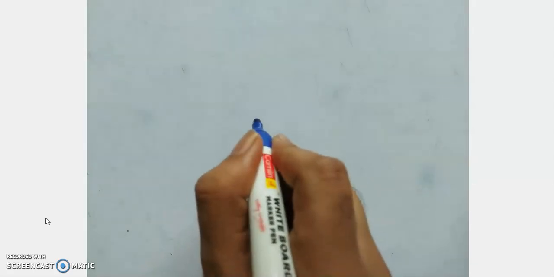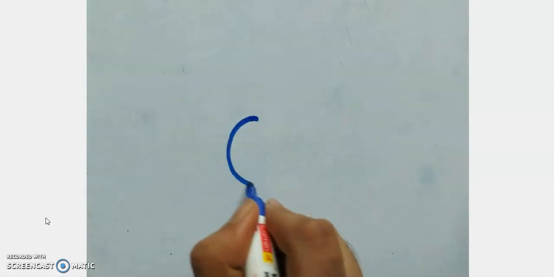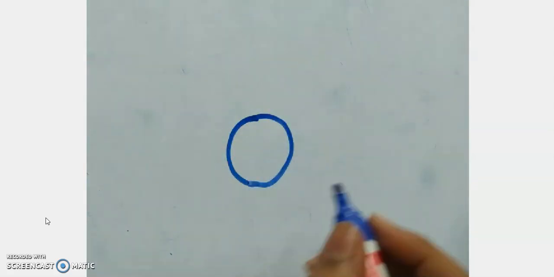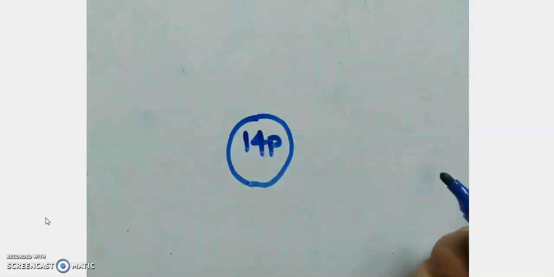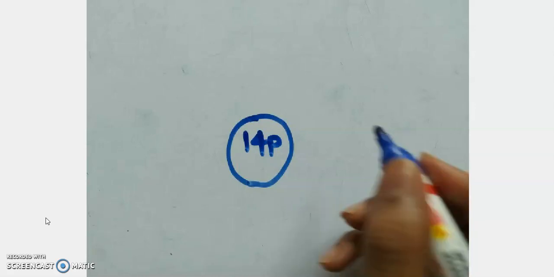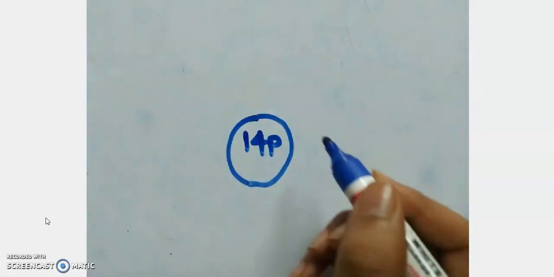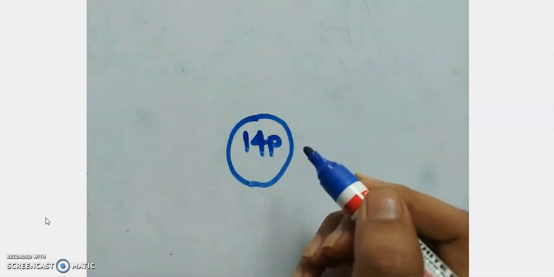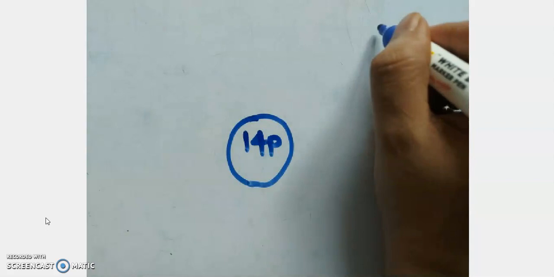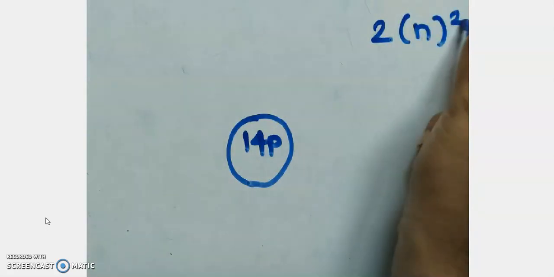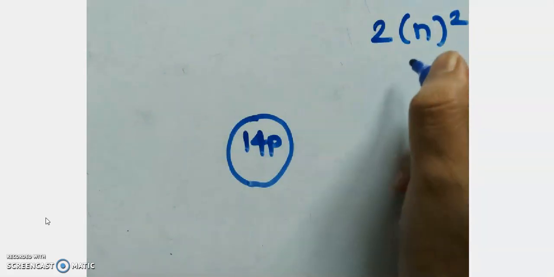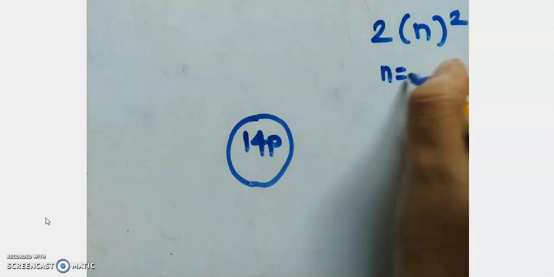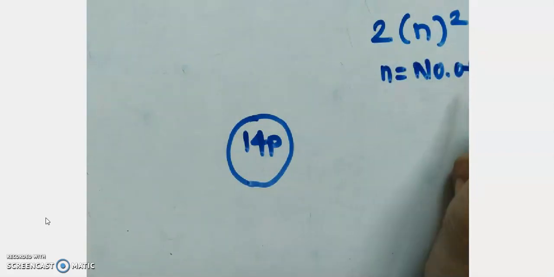Let's take an example of a silicon atom. This silicon atom consists of 14 protons, and now we need to show the electrons in circular fashion. What is the formula for this? The formula for calculating the number of electrons in an orbit is 2n square, where n is nothing but the number of the orbit.